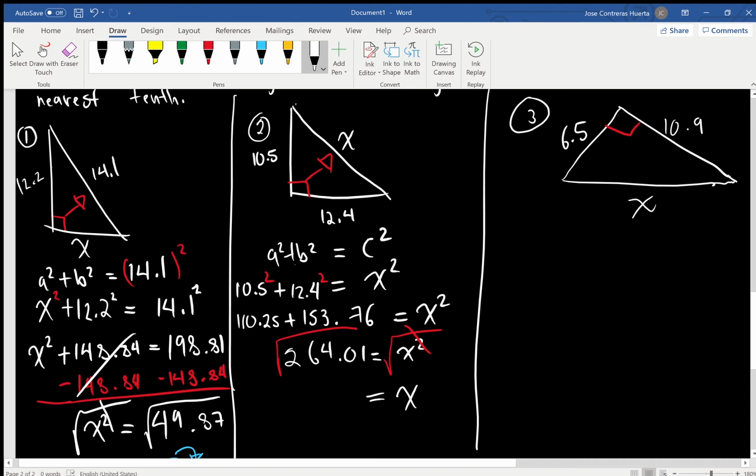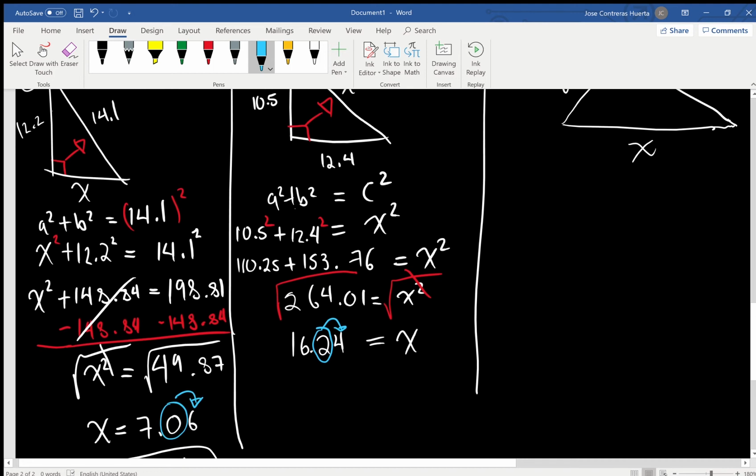That gives me 16.24. And then I round to the nearest tenth. So I look at my 2 and then look at the number afterwards. That's a 4. Because it's less than 5, then that number is going to stay the same. So my rounded number is going to be 16.2.